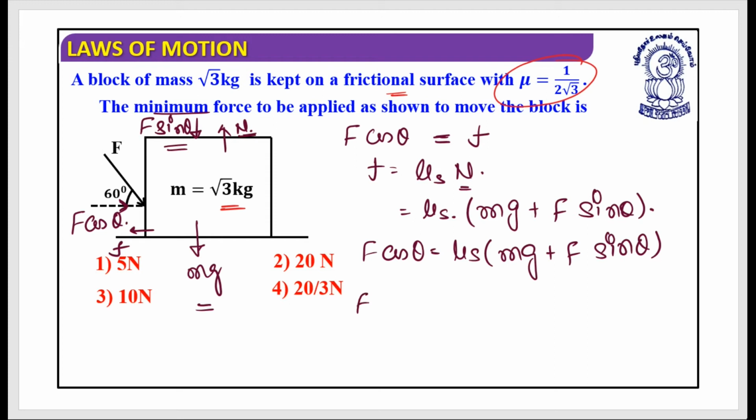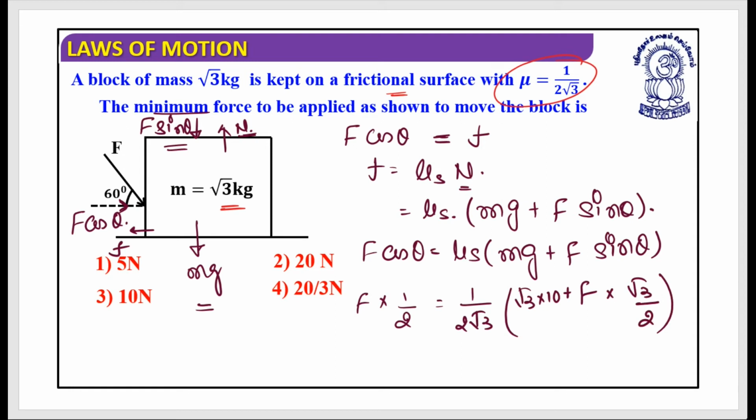So this is F multiplied by cos 60 degree, which is a half, equals to mu, which is 1 by 2 root 3, into mg, where m is root 3, so root 3 into 10, plus F, that is what I'm working for, and sin 60 is root 3 by 2. I hope this is clear.